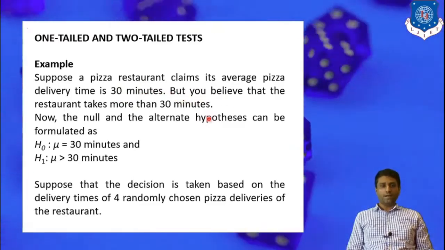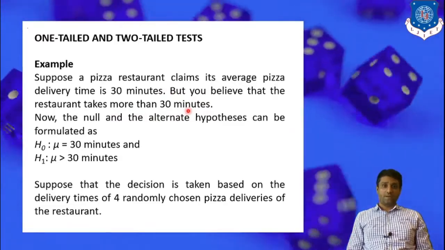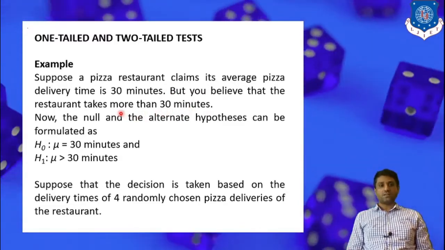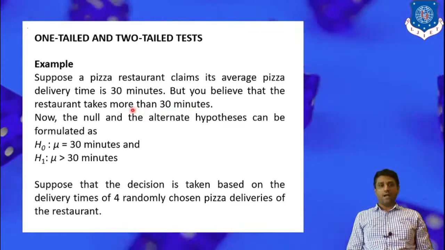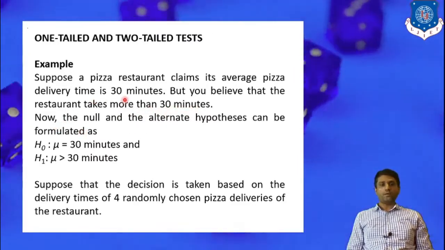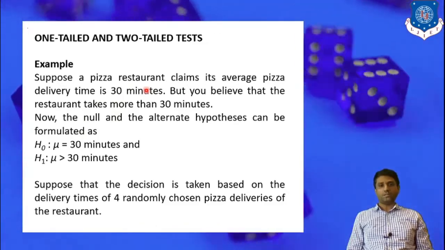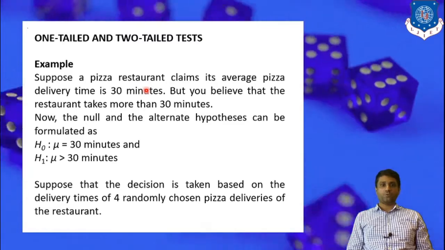But you believe that the restaurant takes more than 30 minutes. So sometimes it may be possible that the average time exceeds 30 minutes. Now corresponding to this statement, we have to build up the null hypothesis as well as the alternative hypothesis.